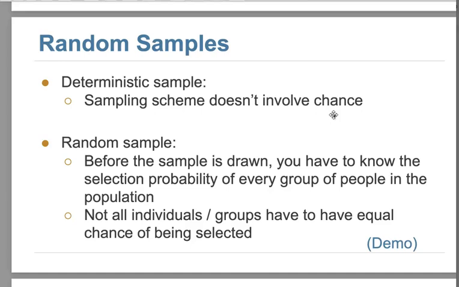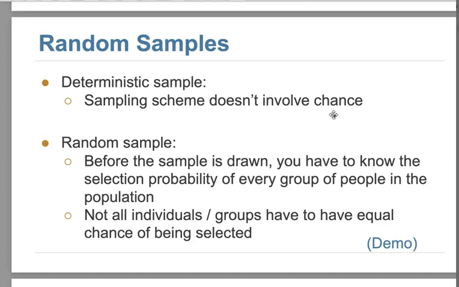Or maybe I choose from a computer science course, because in data science we actually have more majors. So maybe in my advanced class, assembly language, I choose all the students from there. Then basically all of them are CS students. So that means the sampling scheme doesn't involve chance. They are all in the same population.